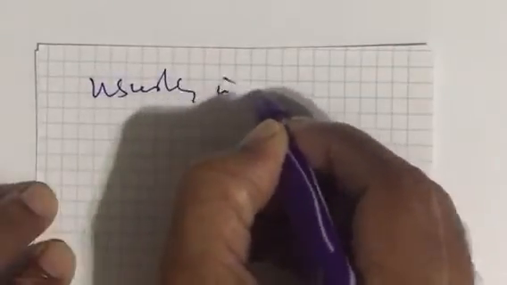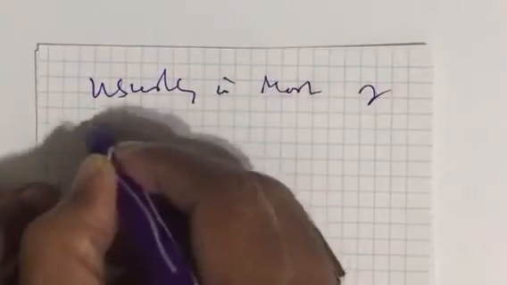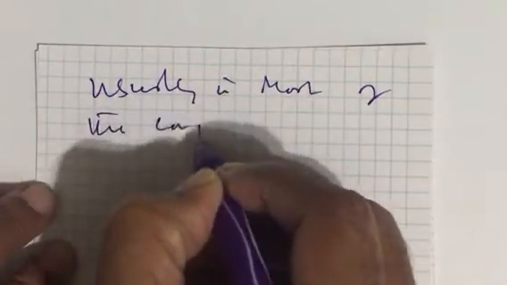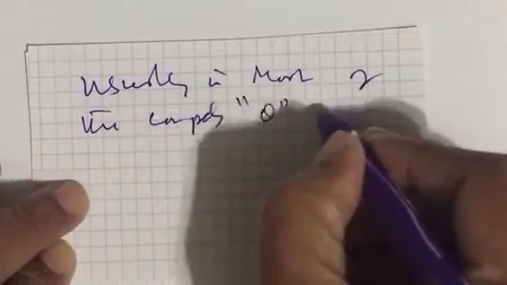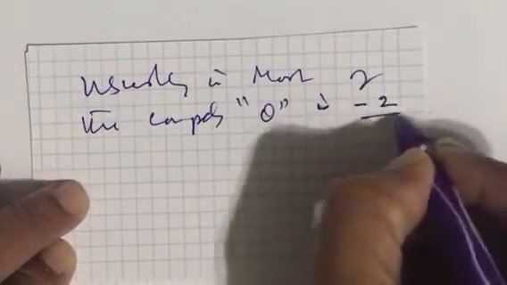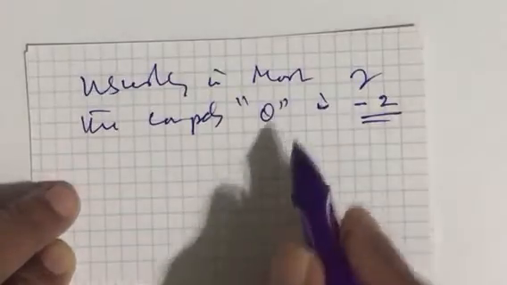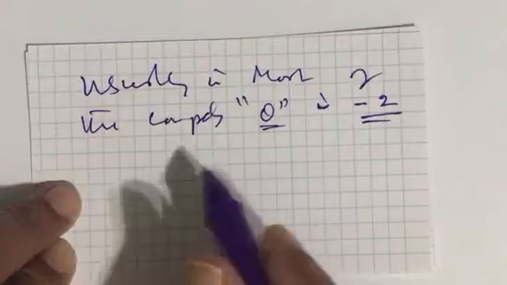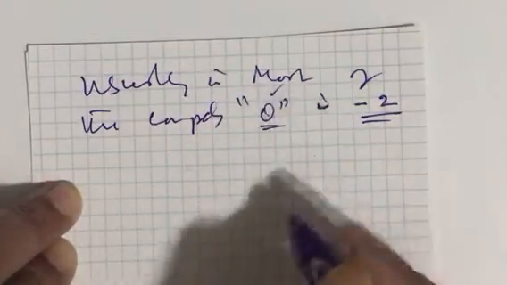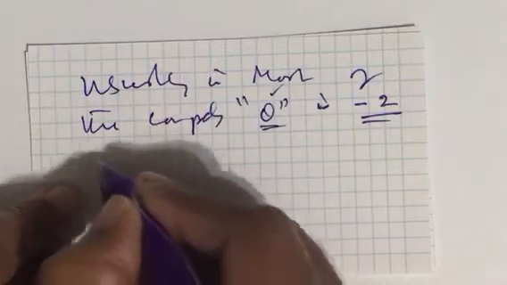But usually, in most of the compounds, oxygen is -2. It means oxygen can take 2 electrons if the other fellow has lower electronegativity than oxygen itself. Only one fellow who has more electronegativity than oxygen is fluorine.